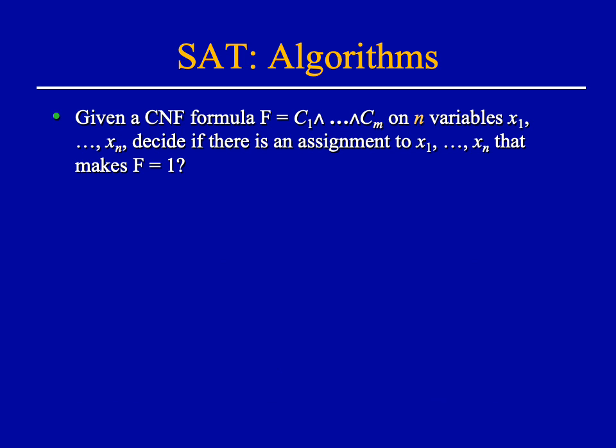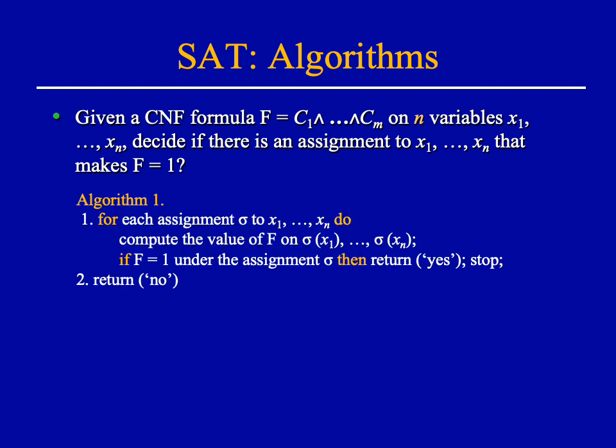Therefore, here's a fairly simple algorithm for SAT. So the algorithm does like this. For a given formula, you just try all possible assignments to the variables. Remember that each variable can have a value 0 or 1. That's the only two possible values a variable can have. You just try all the assignments to each variable.